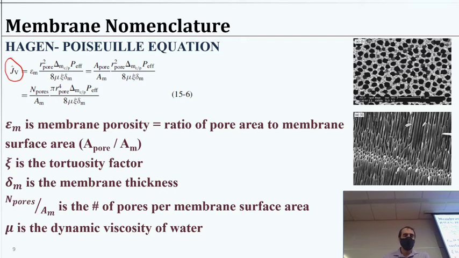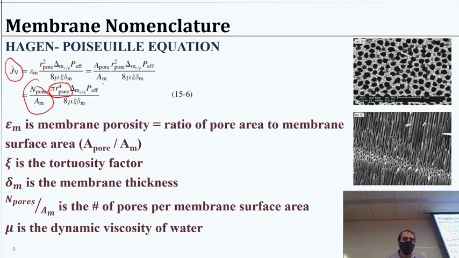So if we take a look at this equation up here, really three different forms. We've got that number of pores per area. We've got some function of the pore radius to the 4th power times pi.